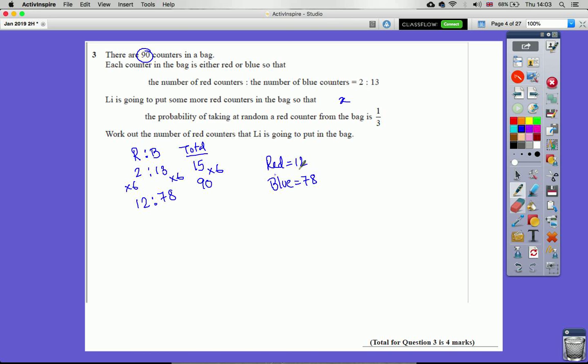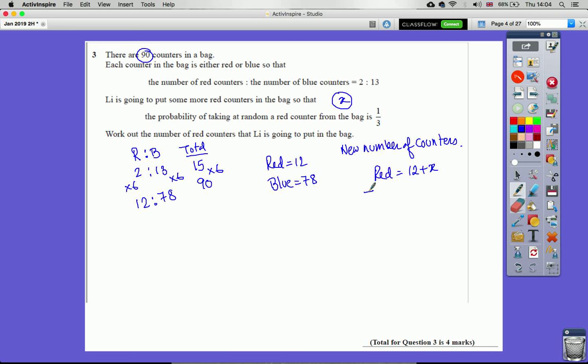So the new number of red counters is going to be 12 plus X, because I've put X number of new counters. I don't know the number of counters yet.